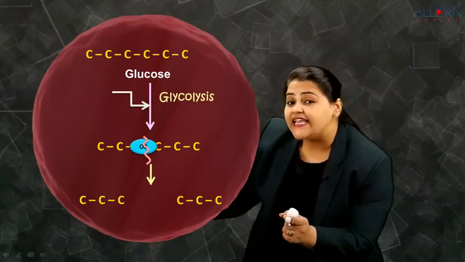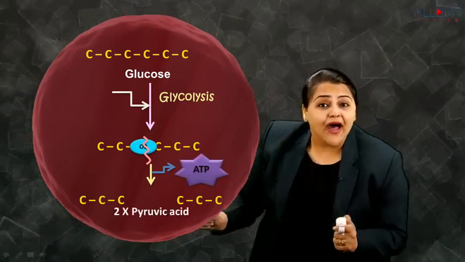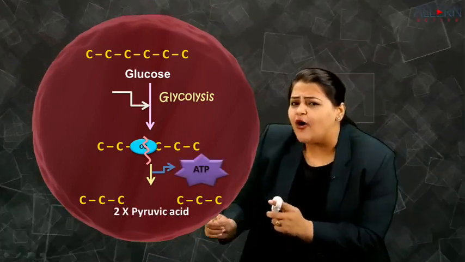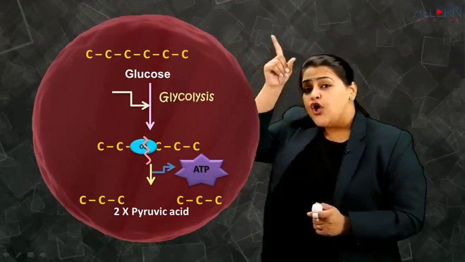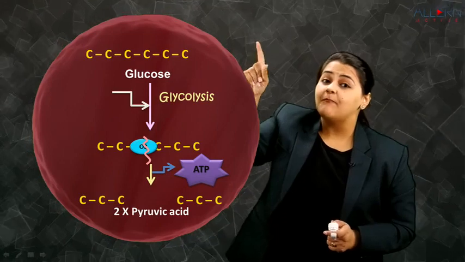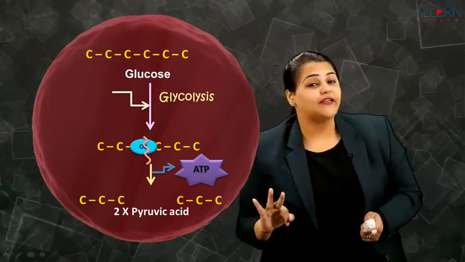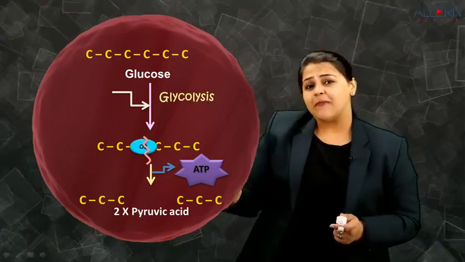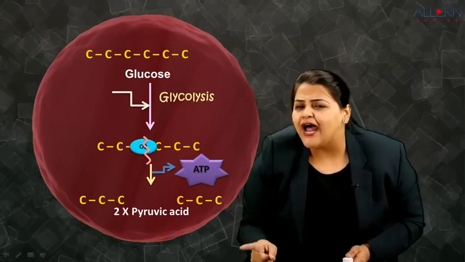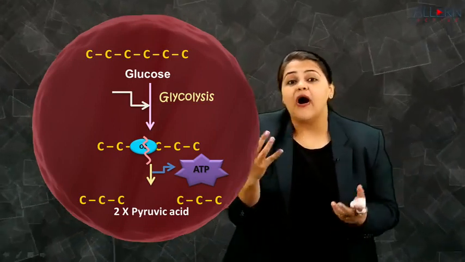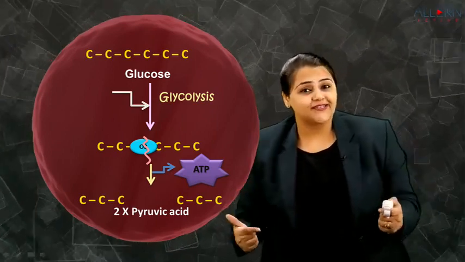Well, this 3-carbon molecule is now named pyruvic acid, which is how many carbon compound? Well, it's a 3-carbon compound. Glucose, a 6-carbon compound, getting divided into pyruvic acid, which is a 3-carbon compound. So now just mathematically understand, if glucose is a 6-carbon compound and pyruvic acid is a 3-carbon compound, how many molecules of pyruvic acid are we going to get?